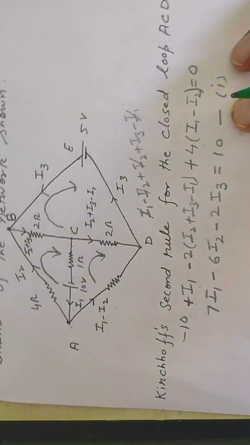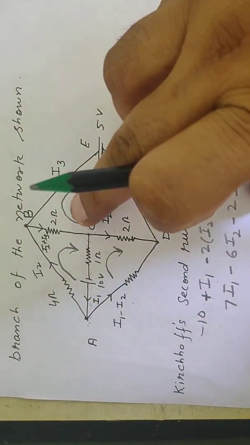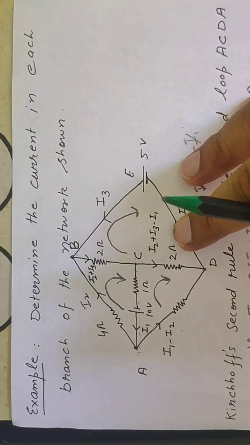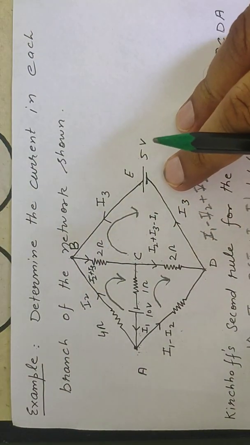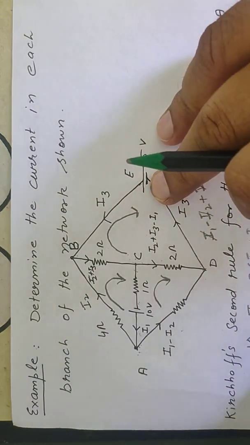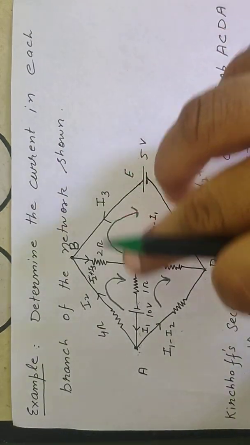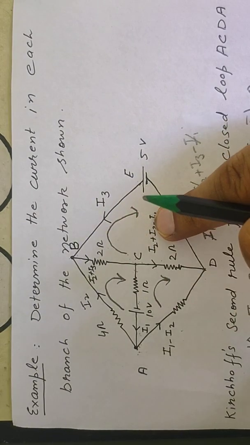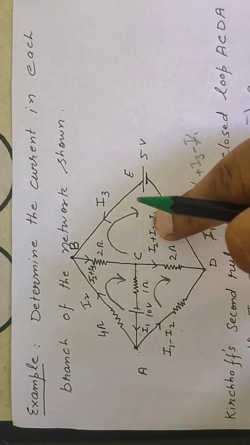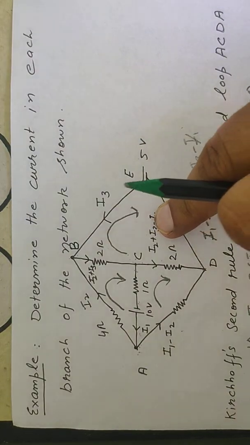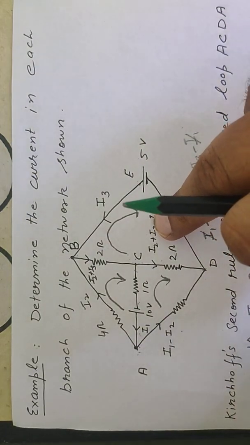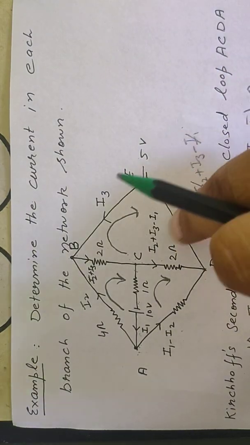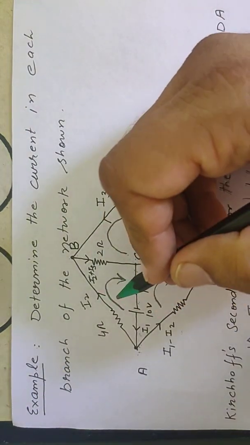So from here we see that we can find the current in each branch using the Kirchhoff rules. So this type of network is called a complex network. To solve these complex networks, we always use Kirchhoff's rules. And remember this thing that while applying Kirchhoff's rule, we take loops.